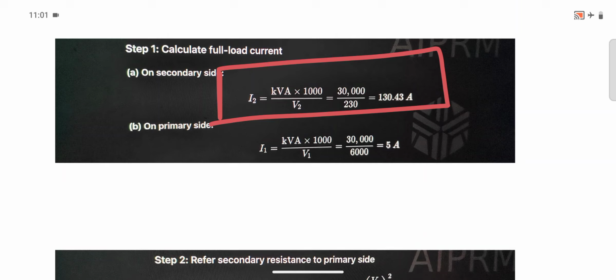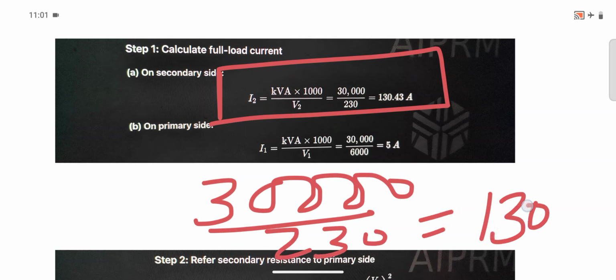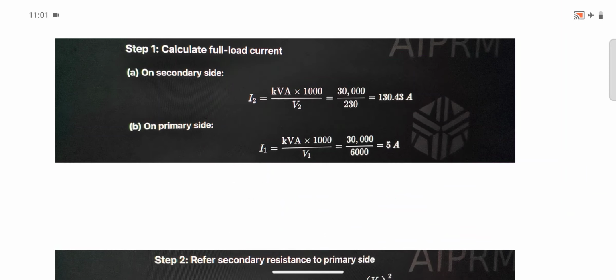We will multiply by 1000 for removing kilo. So 30,000 divided by 230. Then 130.43 ampere is your secondary side full load current, and primary side coil similarly we will calculate. Then we will get 5 ampere.